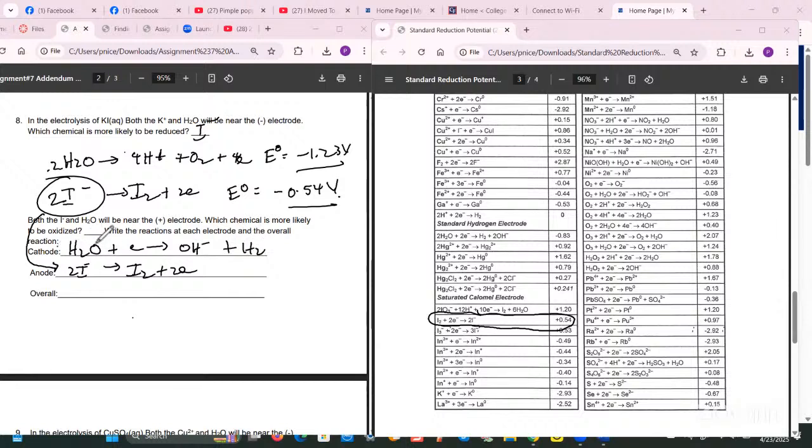And this is going to be 2, 2, and 2. Then the next question is, what's the overall equation? Basically, just add these two. You're going to end up with 2 H2O plus 2 I minus to give 2 OH minus plus H2 plus I2. And that would be the answer for that, all right?